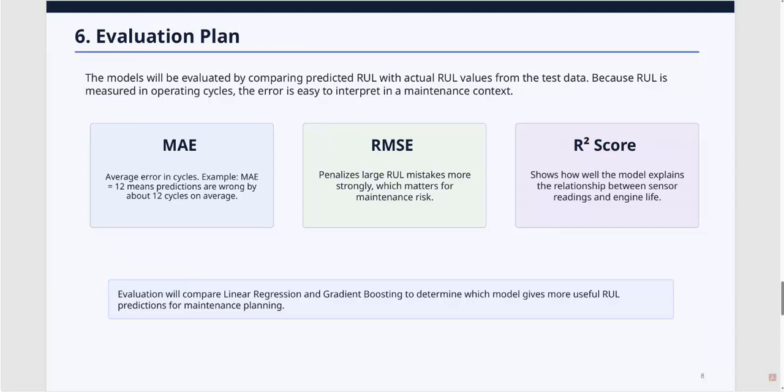And R² score shows how well the model explains the relationship between sensor readings and engine life. This evaluation will help compare the linear regression baseline with the gradient boosting model and determine which approach provides more useful RUL prediction for maintenance planning.